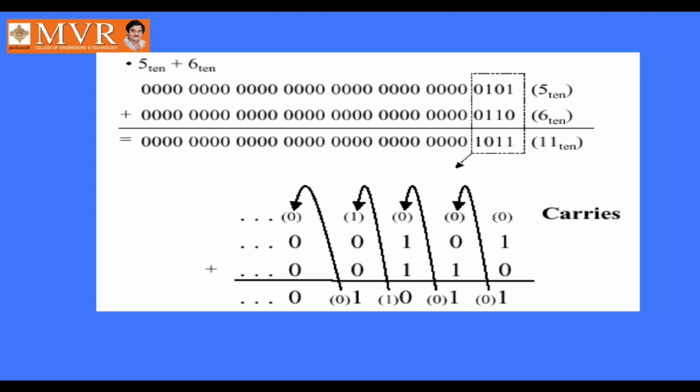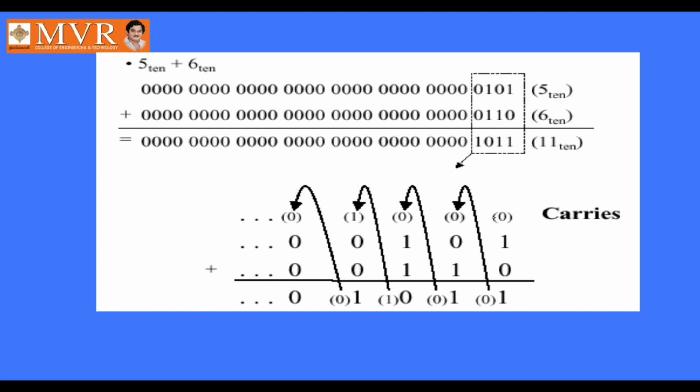The computer we are using might have a 32-bit register, so that's why we are using 32 bits to represent 5 and also 32 bits to represent 6. Both together we are going to add, and the result will be in binary form or in decimal form.